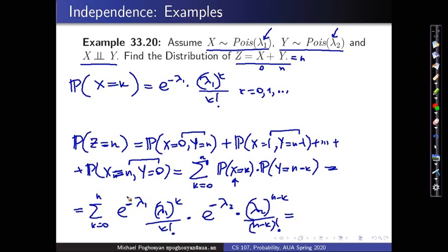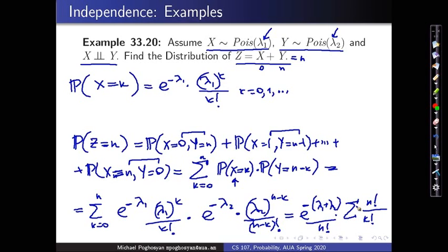Now I am simplifying this. I am taking out this constant e to the minus (lambda 1 plus lambda 2). Then the sum: I will have lambda 1 to the k, lambda 2 to the n minus k, and in the denominator I will have k factorial times n minus k factorial. Let me add n factorial here, and I will divide by that again.